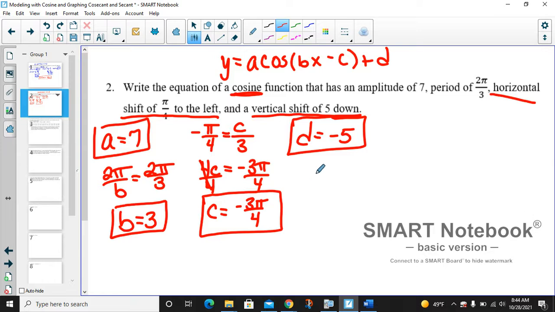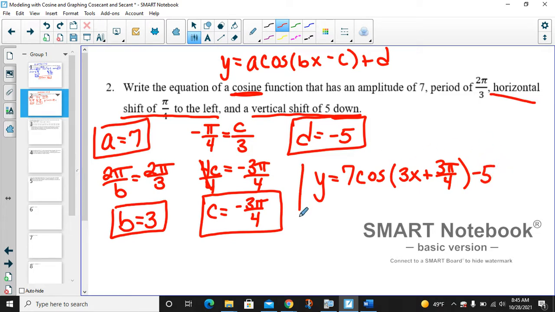All right, so here we're going to have y is equal to 7 times the cosine of 3x. Of course, now my c is negative here, so when you subtract a negative number, that just becomes a positive. And then, of course, we have our minus 5. So there is our answer.